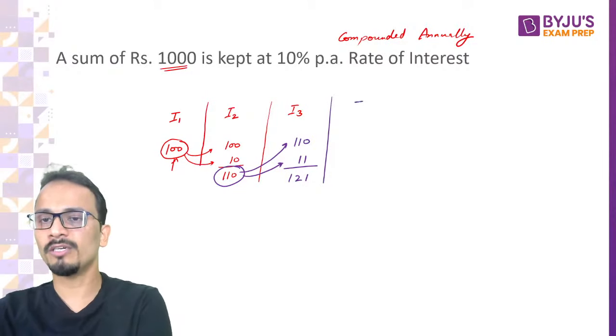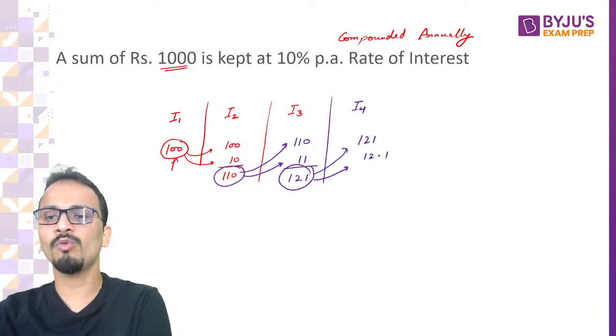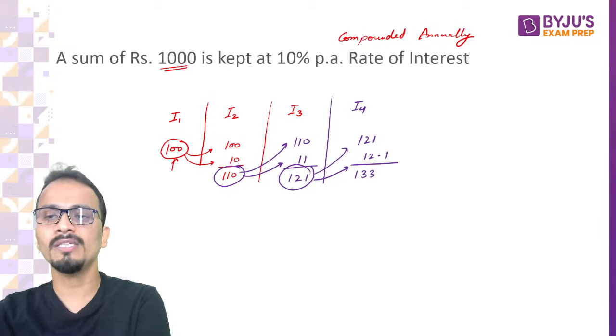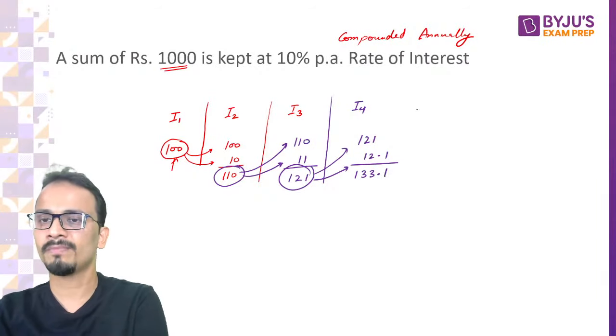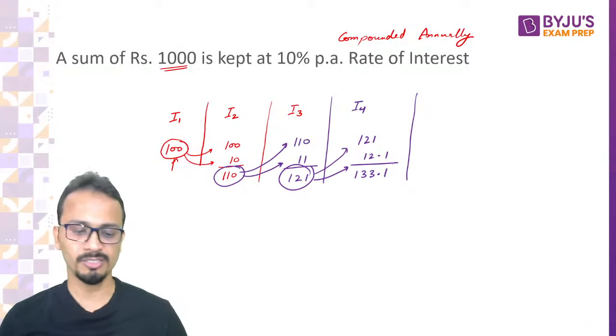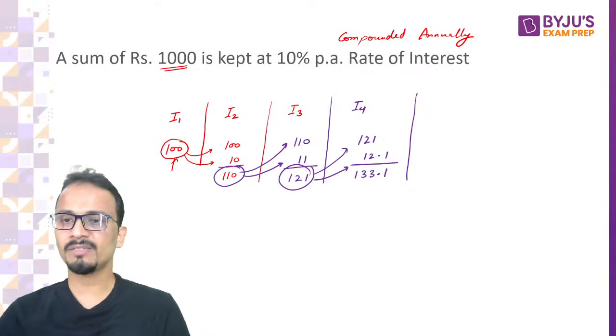Likewise, for the fourth year, I'll copy this value 121 and give interest on the interest of this year, that is 12.1, and the total interest is 133.1. Similar thing can be applied for the next years. Am I clear?